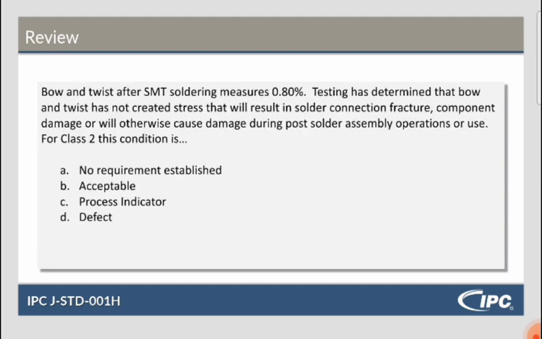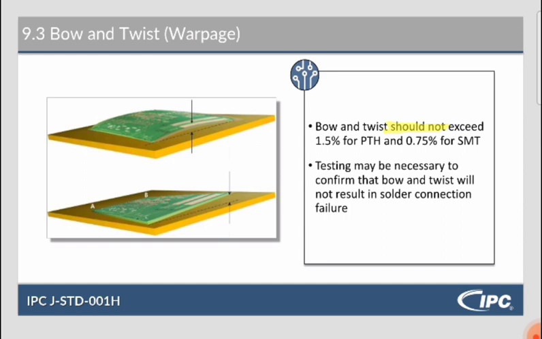Bow and twist after surface mount technology soldering measures 0.80%. Testing has determined that bow and twist has not created stress that will result in solder connection fracture, component damage, or will otherwise cause damage during post-solder assembly operations or use. So remember what I said about bow and twist. It shall not exceed 0.75%, and this is a little bit greater than that.